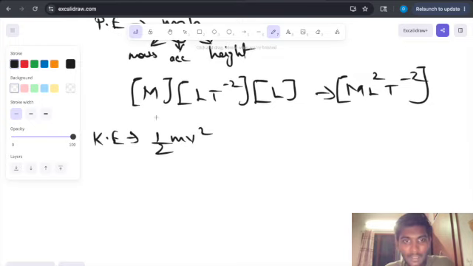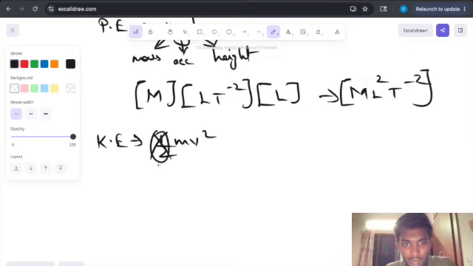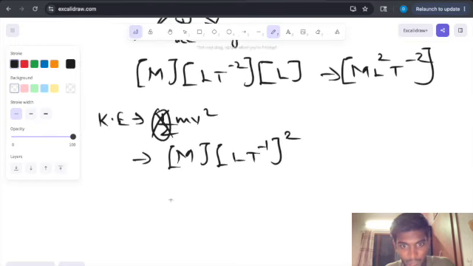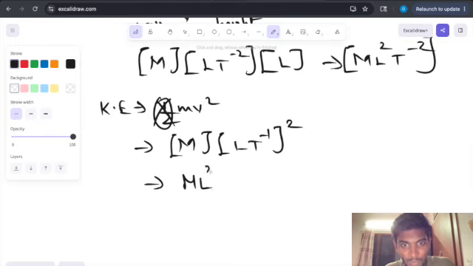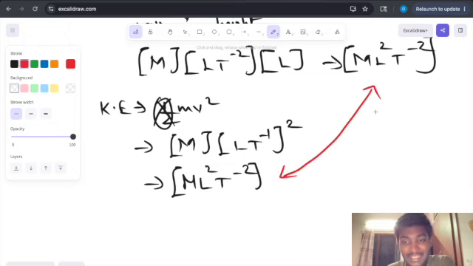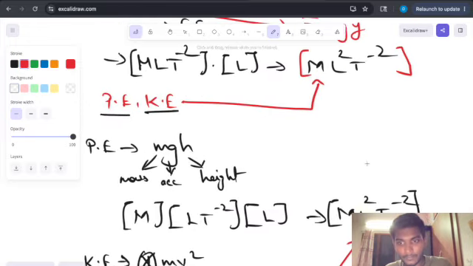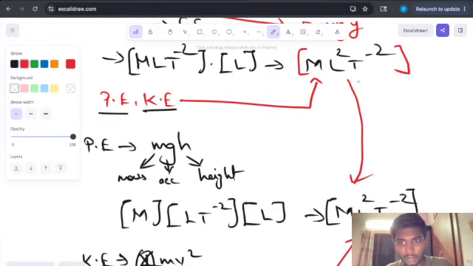For dimensional purposes, I don't consider constants. M has dimension of M, and v square is LT minus 1 whole square. So I can write it as ML square T to the power of minus 2. This proves that potential energy, kinetic energy, or any other form of energy has the same dimension as work. All these are the same.